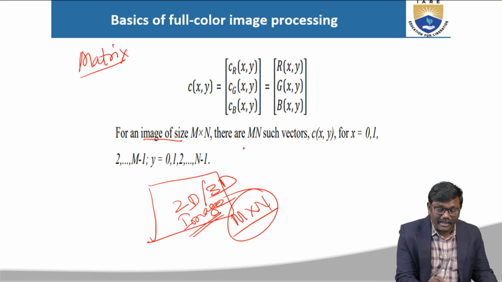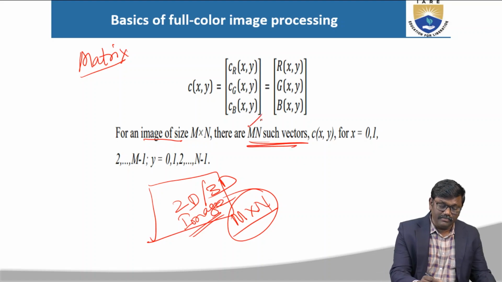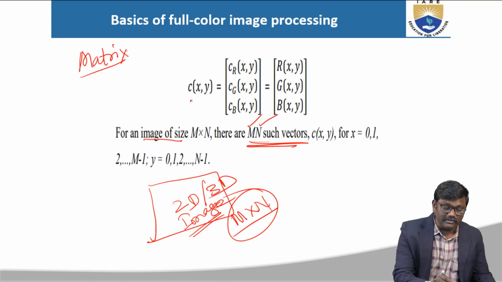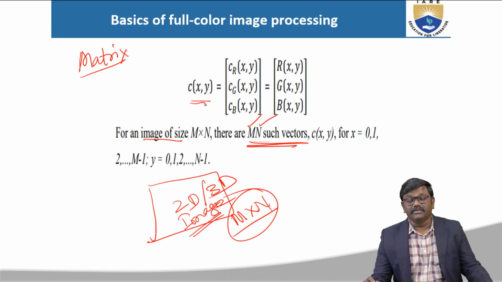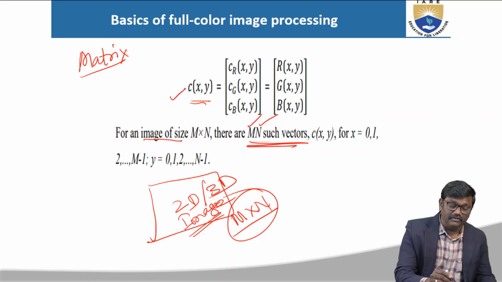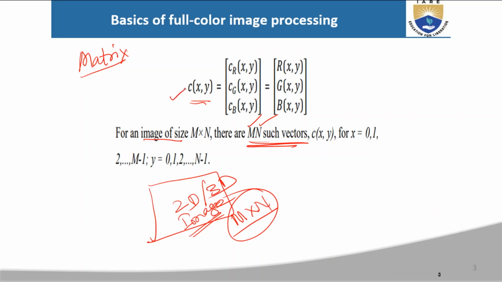So MN such vectors, M and N, we keep under consideration for changes in terms of x and y. That is the objective function, which we call C of x comma y.